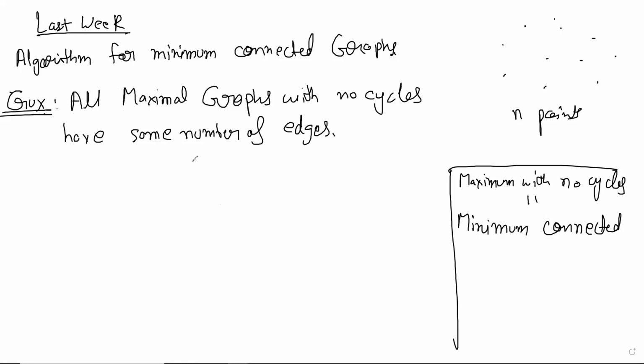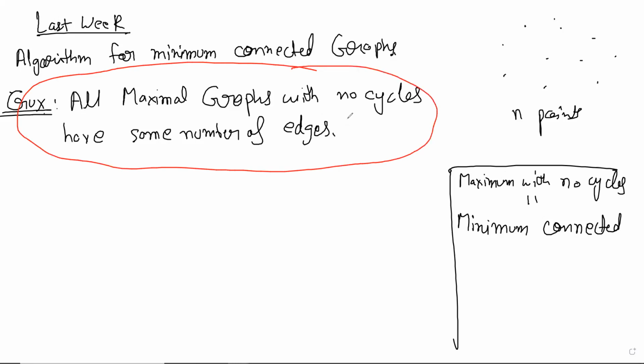But there's no claim that in general that will be the maximum. In this case it was, because all maximal graphs with no cycles have the same number of edges, and we know the number is n-1. And this we have proved theoretically, and this is what made our algorithm work.